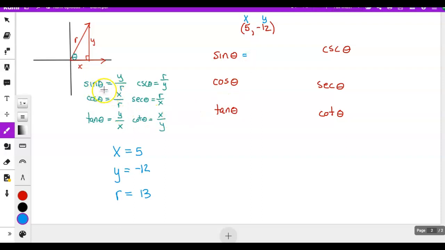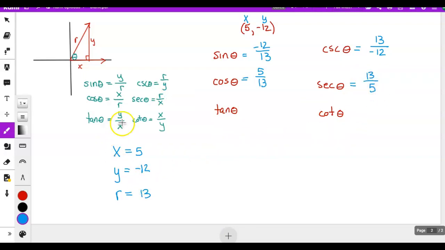If I know that sine is the y coordinate over r, I can just go down here to my table and say that this is negative 12 thirteenths. I can flip it to get cosecant. It doesn't matter where you put the negative. Cosine is 5 thirteenths because it's x over r. Secant is the reciprocal of that, so 13 fifths.